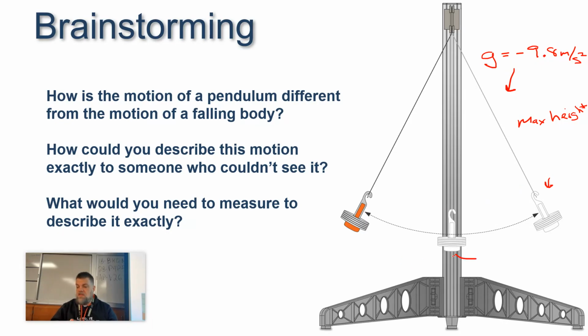This is the minimum height. Momentum keeps it going, right? Remember that the momentum is the mass times the velocity. Over here on this side, gravity's pulling it down again. So it reaches another max height when it gets to this side.